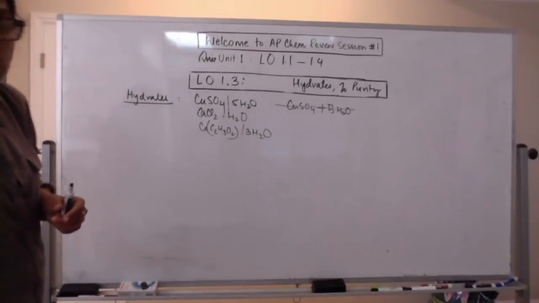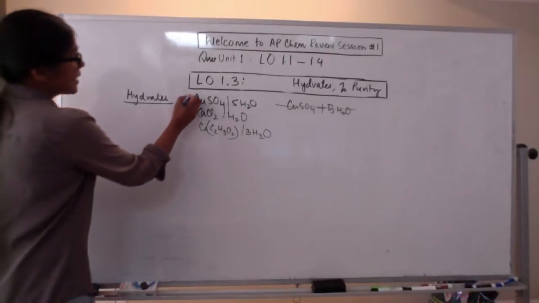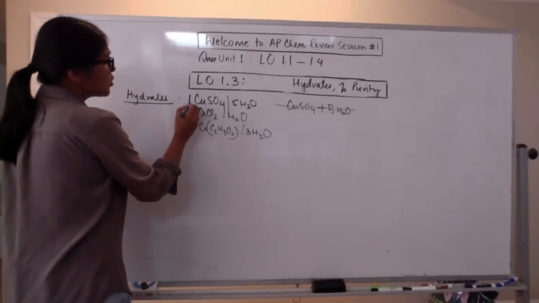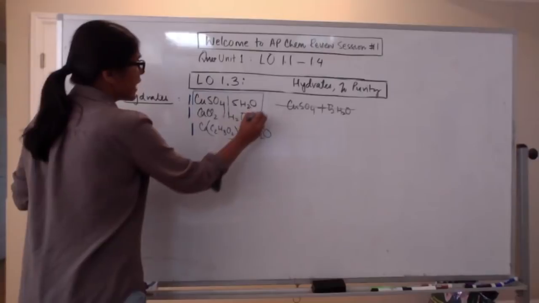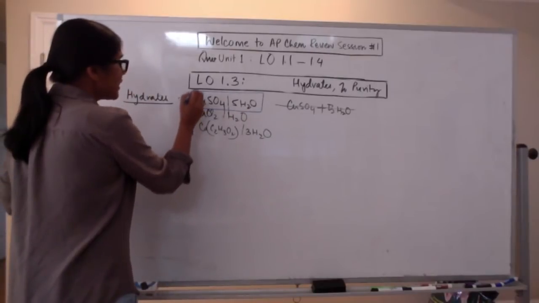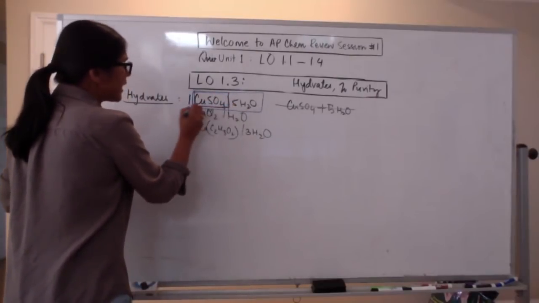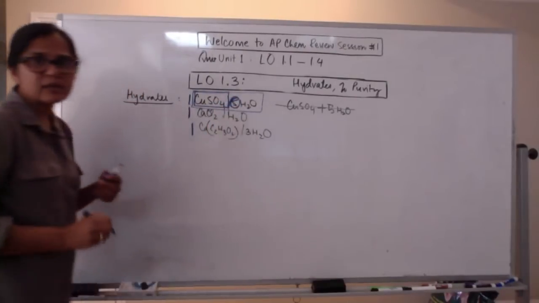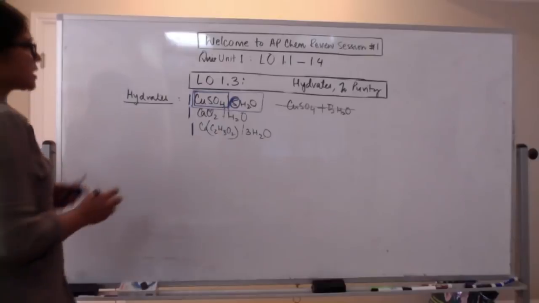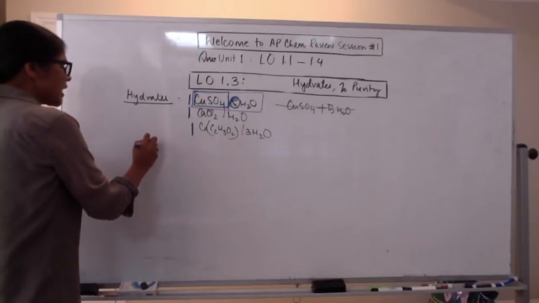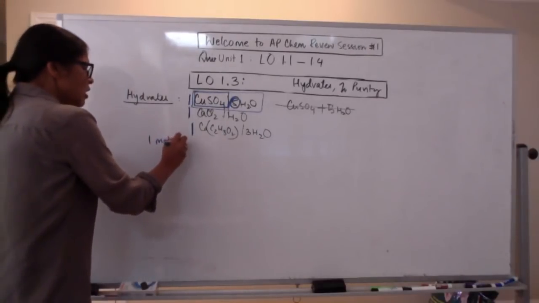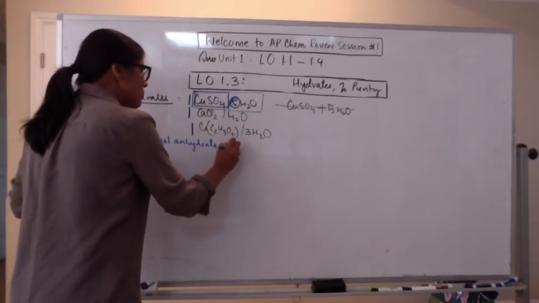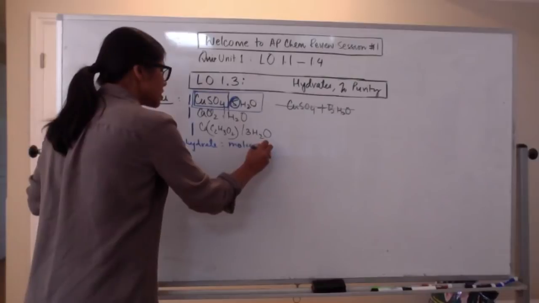Ultimately, what you are trying to get, guys, see, this is always 1. You are trying to know, in 1 mole of hydrate or in 1 mole of anhydrate, how many moles of water are there? Let me repeat. What you are trying to figure out is, in 1 mole of anhydrate, how many moles of water?